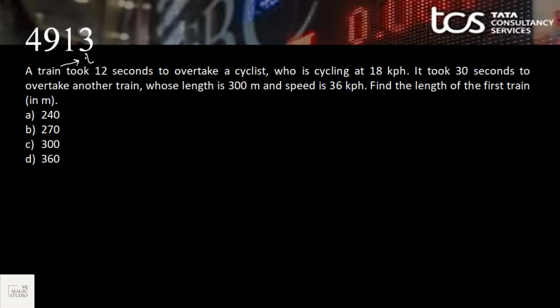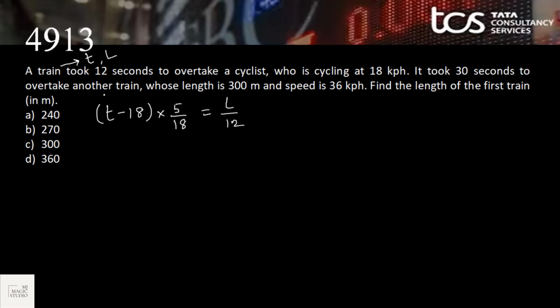Let the speed of train be T, and the length of the train be L. Then since train is overtaking the cyclist, effective speed would be T minus 18, and let me convert this into meter per second, into 5 by 18. Effective speed is equals to L by how much time it takes? 12 seconds. Speed is distance by time.